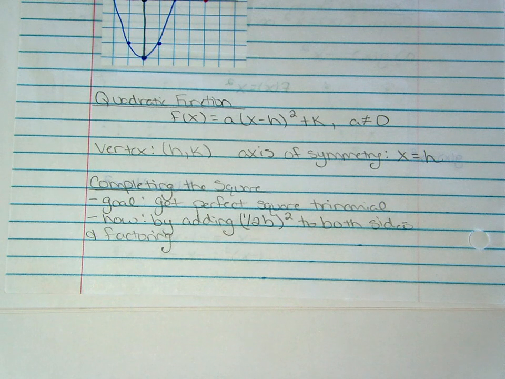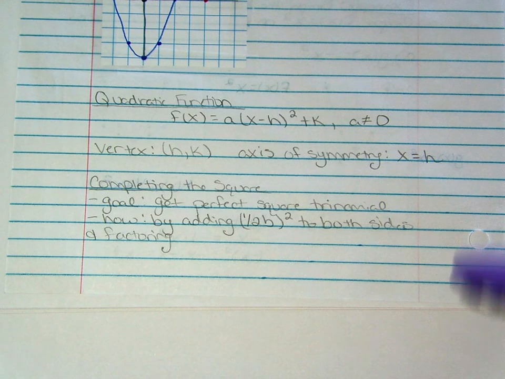So if we can get our quadratic function to look like this form, it's a little bit easier for us to graph. And I know for a fact Pearson has a lot of problems where you will be given the first form, the ax squared plus bx plus c. You'll be given that form, and they will ask you, what is the vertex of this quadratic? And unless you graph it, you have no idea, unless you can do completing the square.